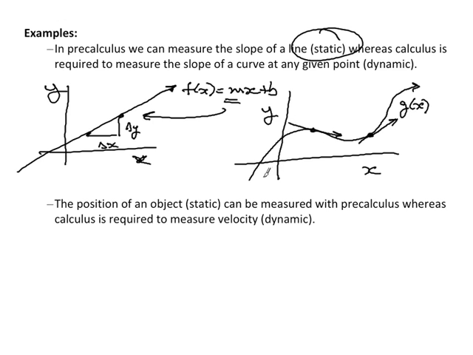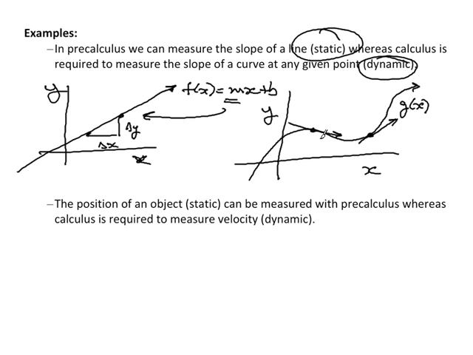So the concept of a slope, as it translates to a curve, is constantly changing. Hence, it's dynamic. That is what I mean by algebra and pre-calculus measure statics, and calculus is required to actually measure the dynamic change of things, the instantaneous change in position or instantaneous change of the slope here.